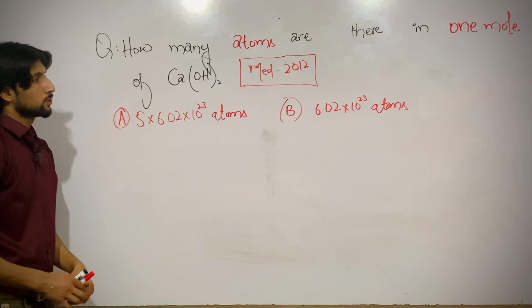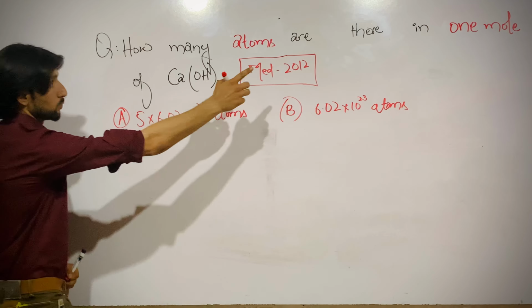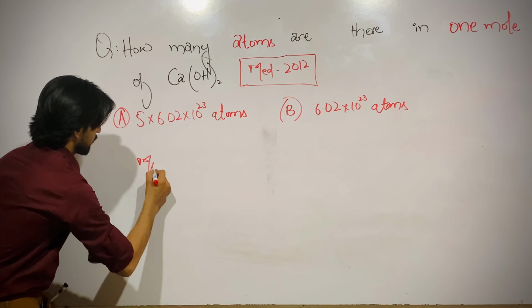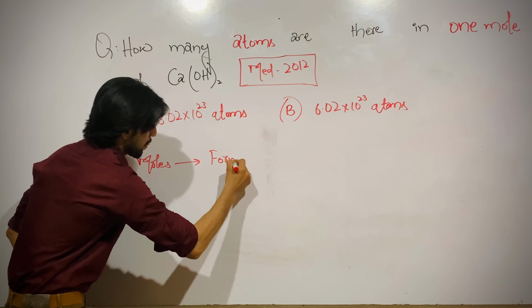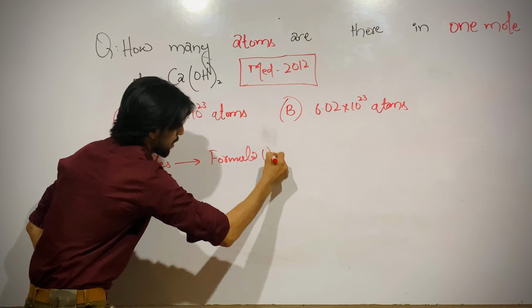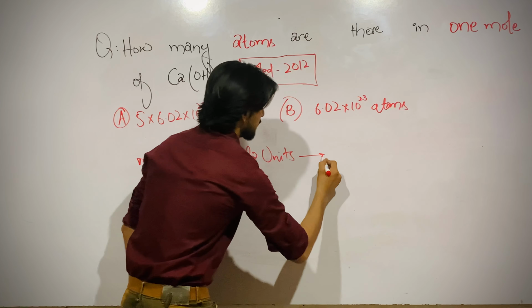So the solution to this problem is two steps. First of all, we have to convert the number of moles given into formula units, and then convert those formula units into atoms.